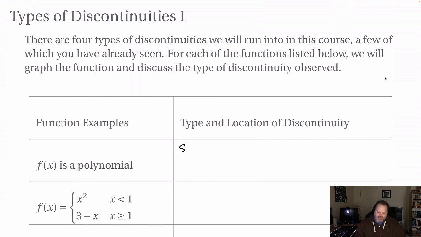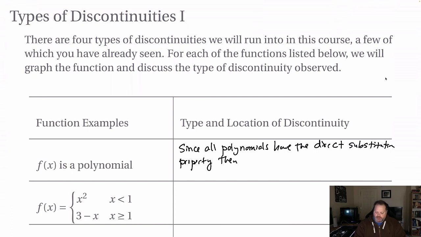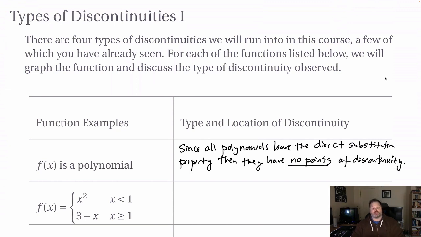So I will say, since all polynomials have the direct substitution property, then they have no points of discontinuity. There's not a single place on the graph of a polynomial where you have a discontinuity of any type.